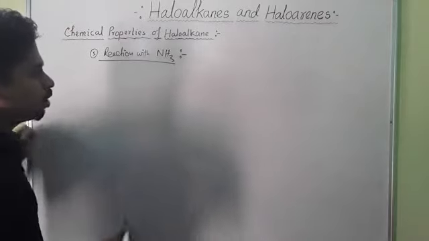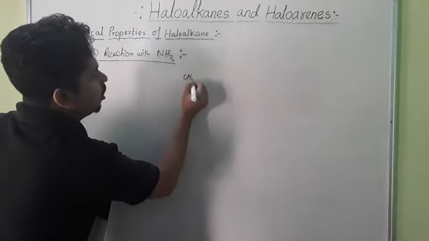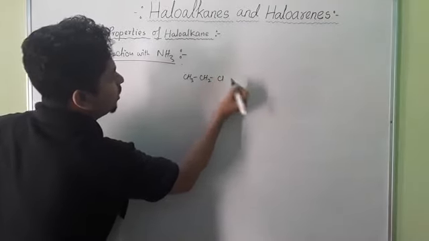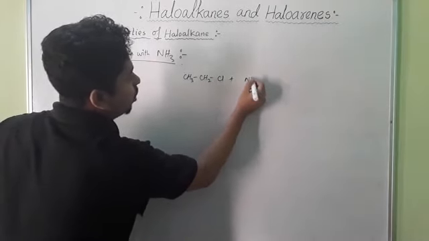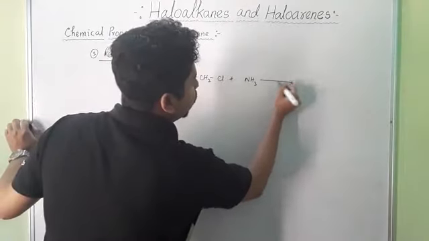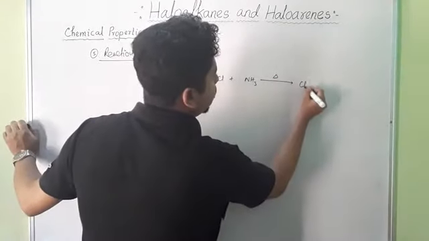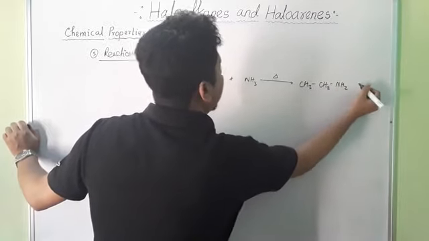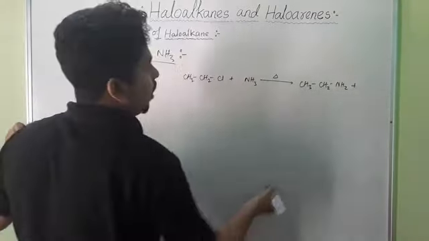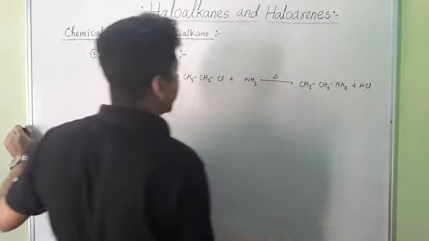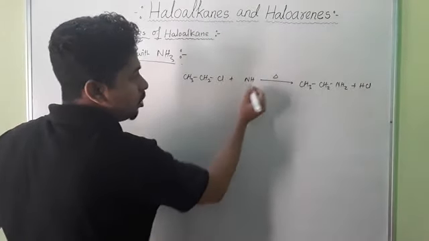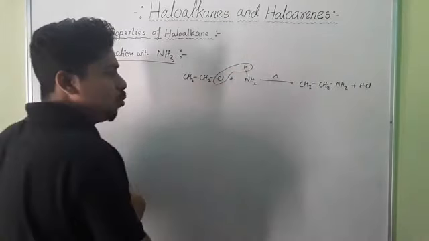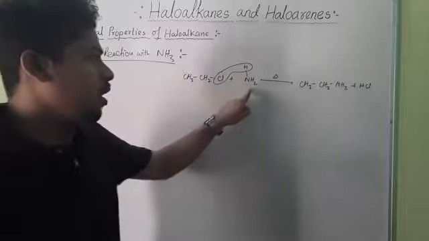Let us consider one reaction: CH3-CH2-Cl plus NH3 gives CH3-CH2-NH2 plus HCl. From this NH3 you can write NH2-H, no problem. So one HCl molecule is removed, and we get CH3CH2NH2 plus HCl.